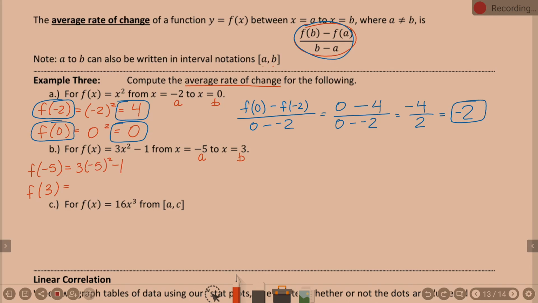So when you plug in negative 5, 3 times negative 5 squared minus 1. What are you getting? 74. Yep. 3 times 25 is 75, minus 1 is 74. If we plug in our other endpoint, 3, so 3 times 3 squared minus 1.